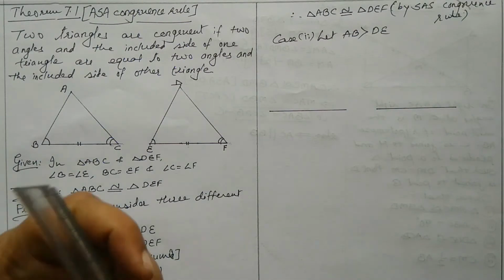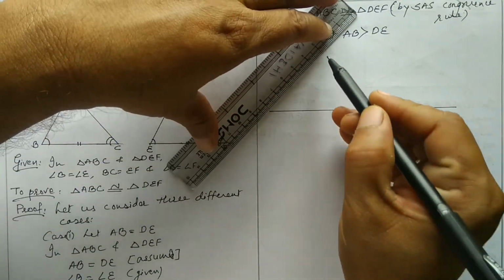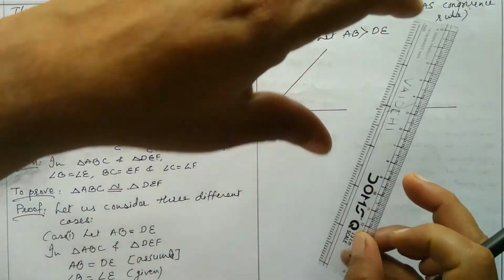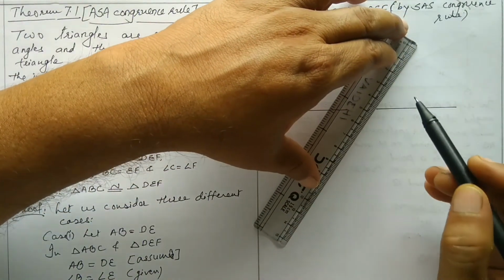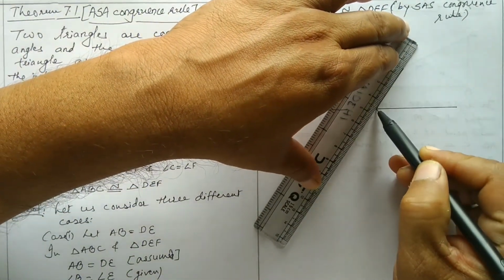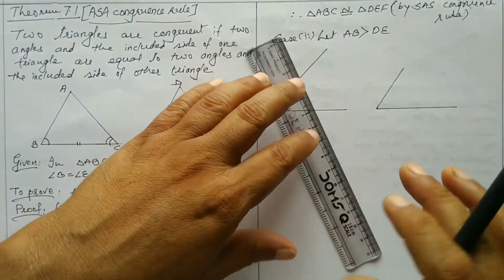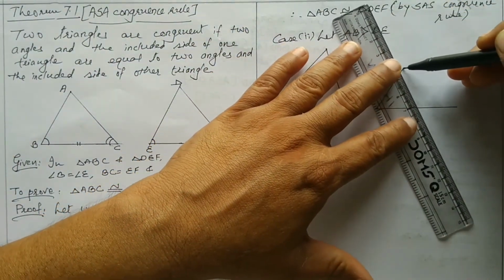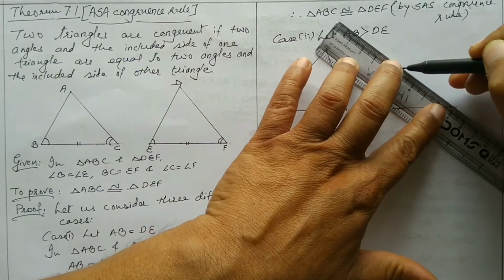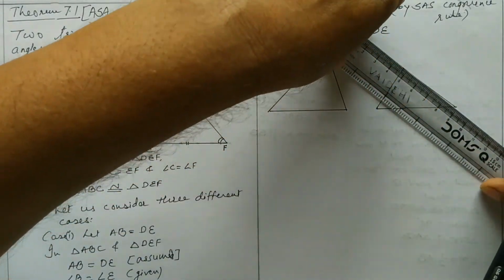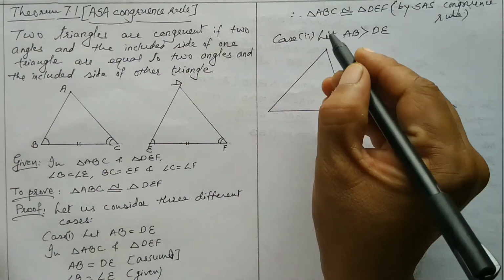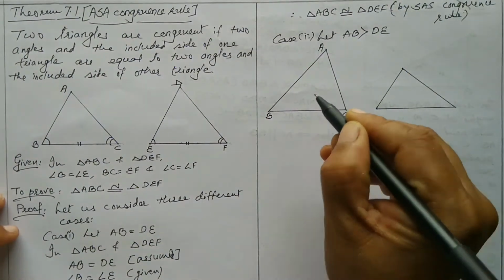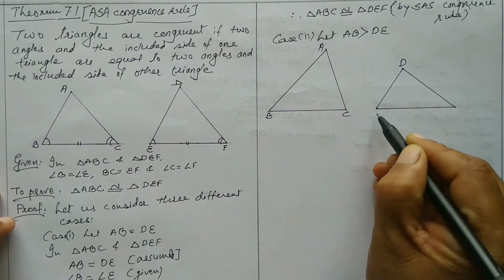So we have drawn this figure as per our requirement, and here you can see AB is greater than DE.